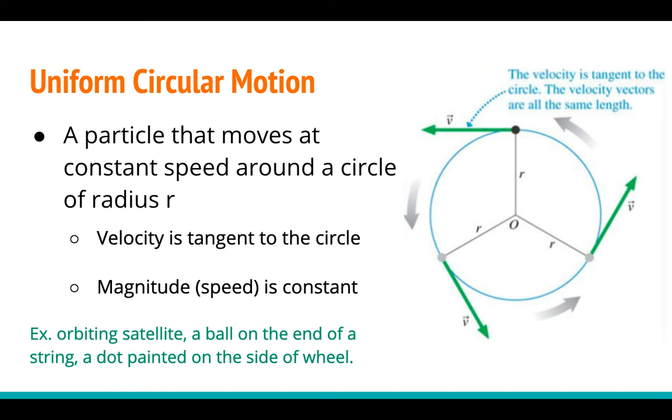Okay, so let's say we have some particle, that little black dot. It moves around at a constant speed around a circle with radius r.